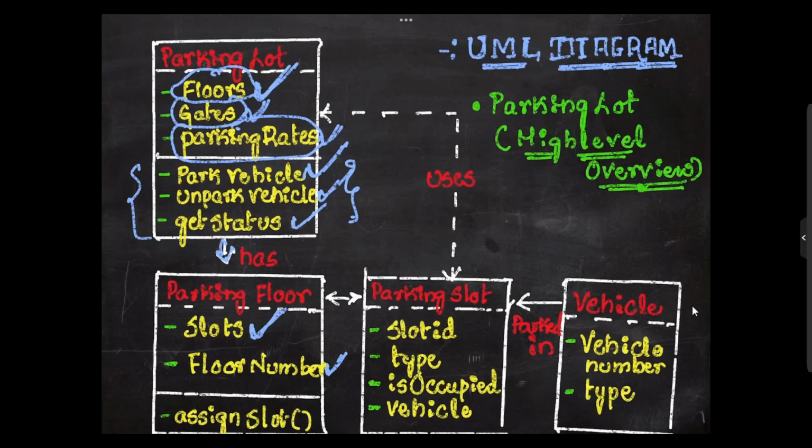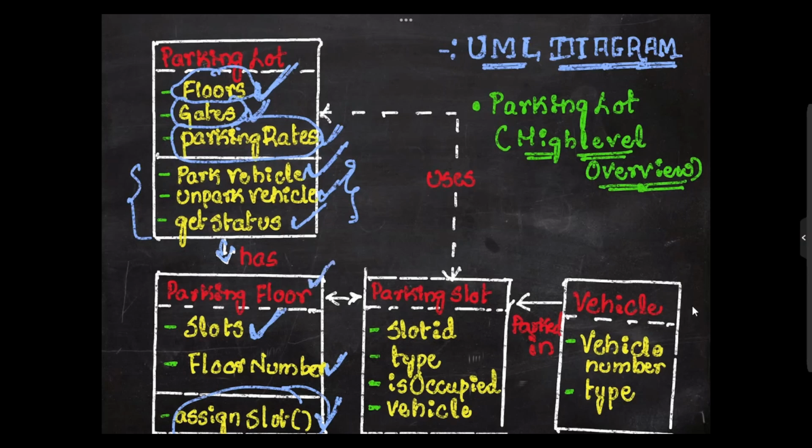So we have to be able to assign a slot to a particular vehicle on a particular floor, within the particular floor number. That's what the parking floor consists of.